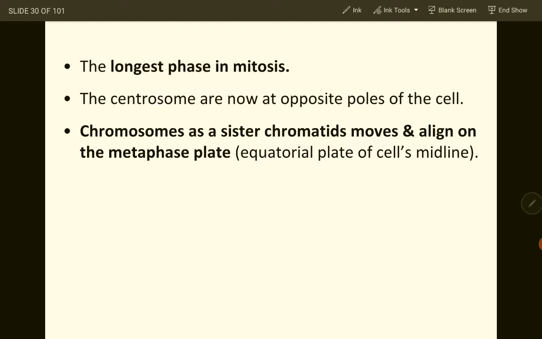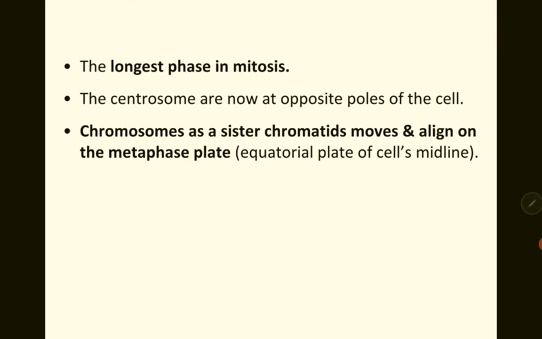The centrosomes are now at the opposite poles of the cell. The chromosomes, as sister chromatids, move and align on the metaphase plate. The metaphase plate is the middle line of the cell, which we also call the equatorial plate.